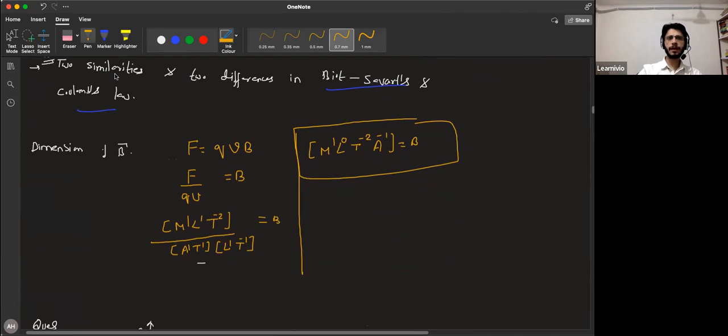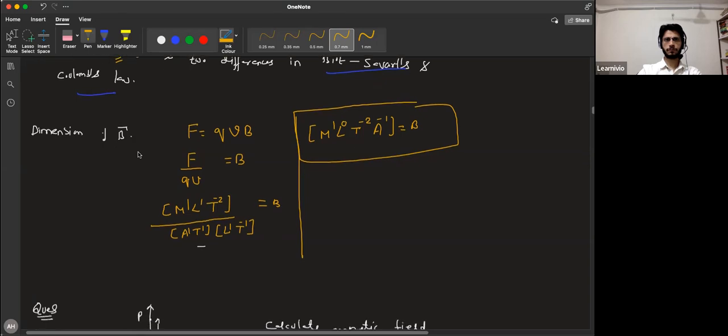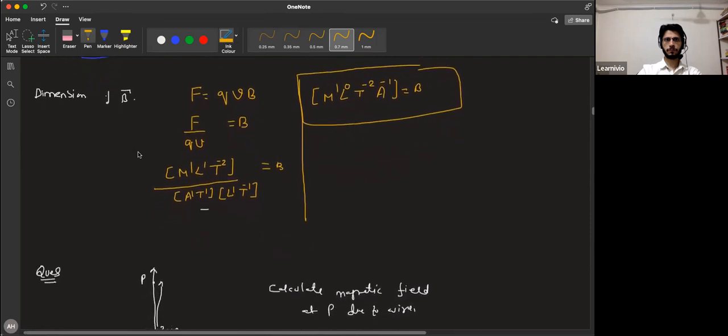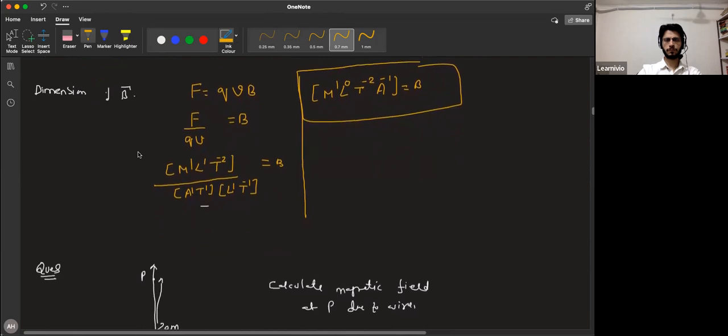You can find these similarities and differences in your notes also. Written, can I scroll it over? Yes. Sure.